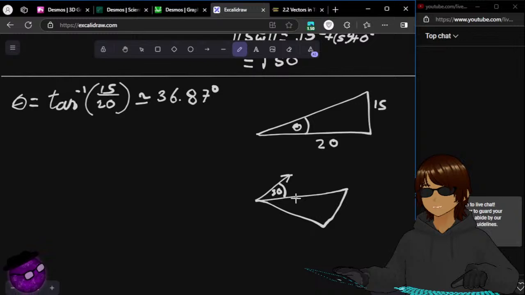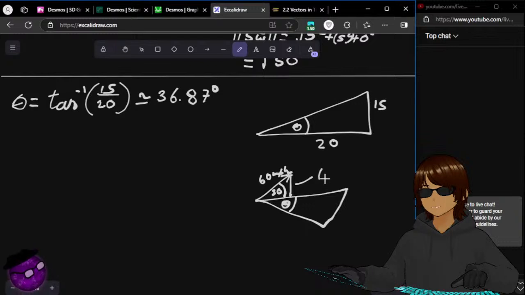And then we have 30 degrees. We have theta. This here is 60 miles per hour.